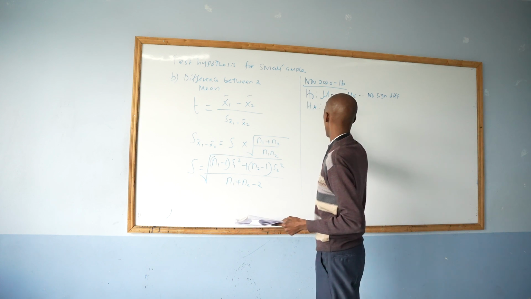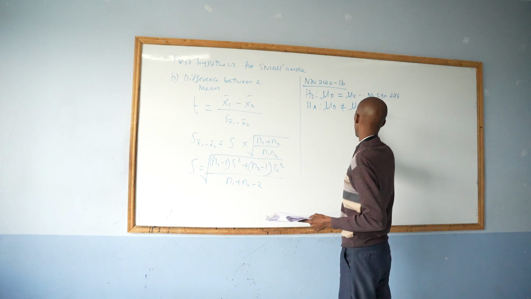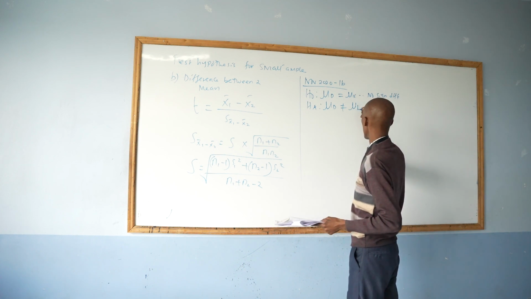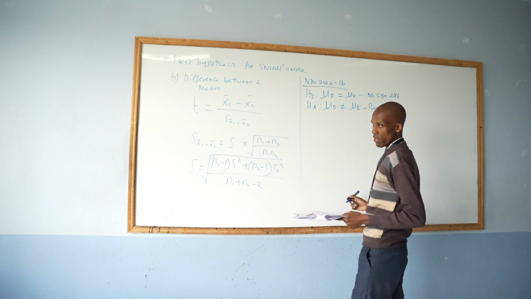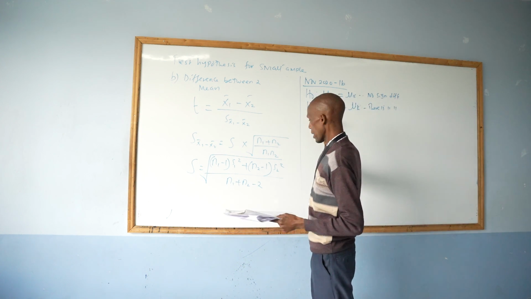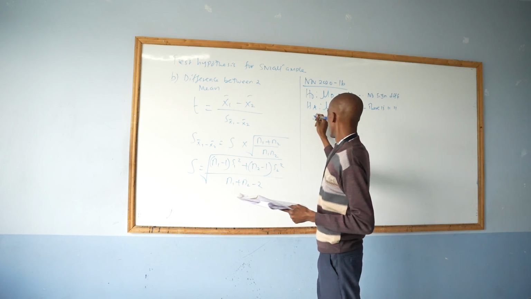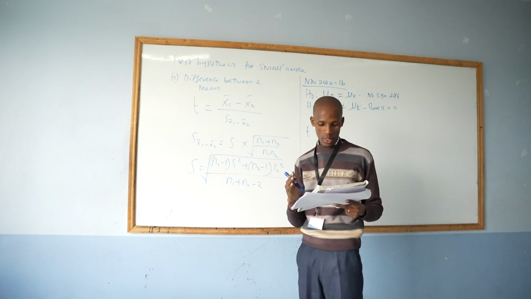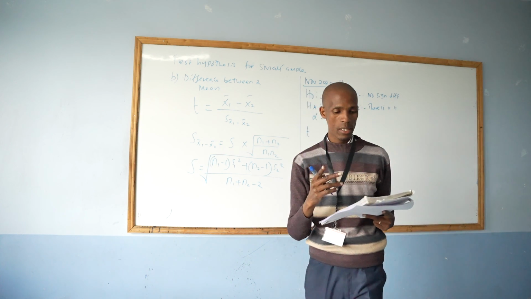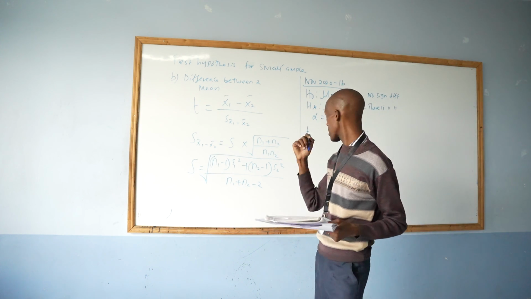The alternative is that the daytime mean is not equal to the evening mean, so there is a significant difference. The test of significance we were told is 5%. We are using t because the total of the daytime, which is 13, and the evening, 15, is less than 30. So that's why we are using the t table.